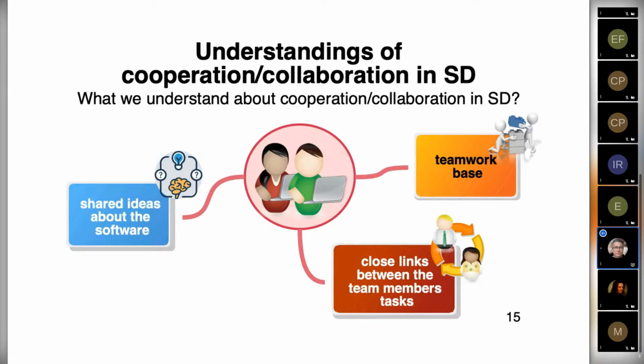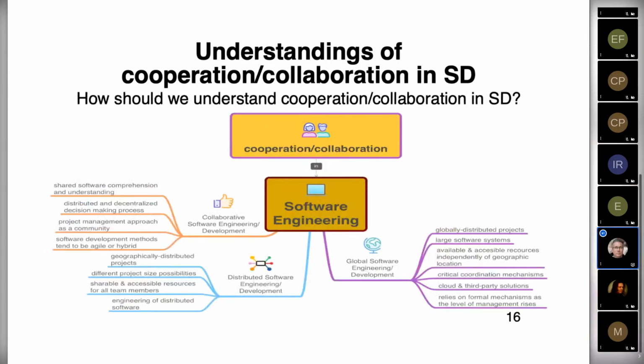Okay, and precisely cooperation and collaboration has some other ideas we need to understand very well to avoid misunderstandings and miscomprehension of what cooperation and collaboration is. Okay, and I made this graphic to show you that in the last 35 years the conception of cooperation and collaboration in software engineering split into three different main branches.